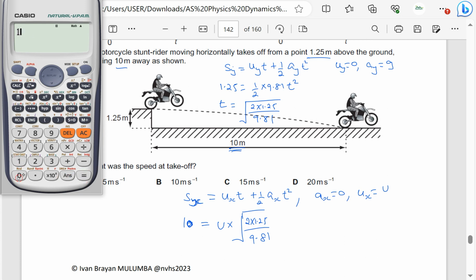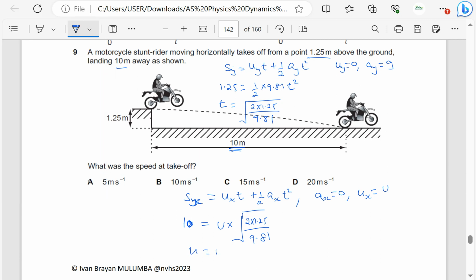Then I'll say 10 divided by the answer because I'm making u the subject. So that gives me 19.81. So u is 19.81, which is approximately 20. So the answer is going to be D.